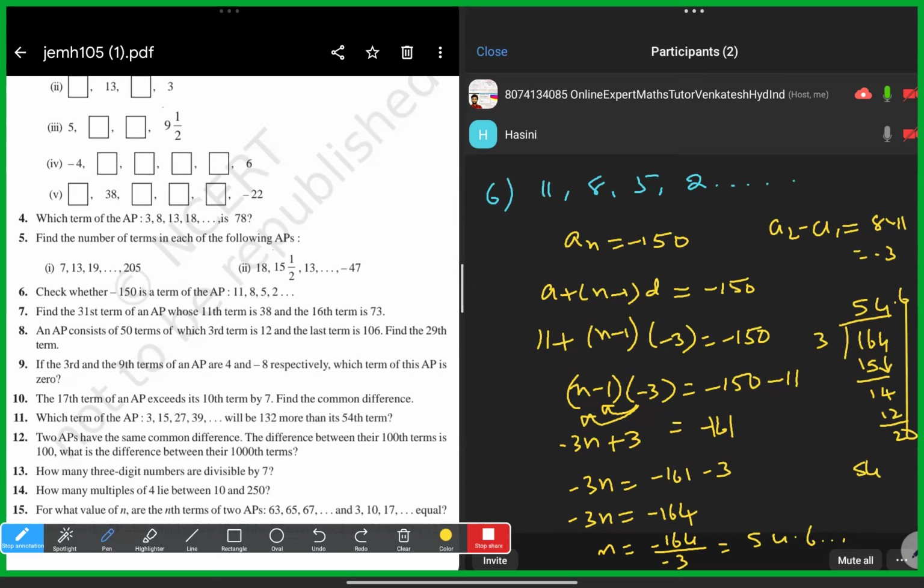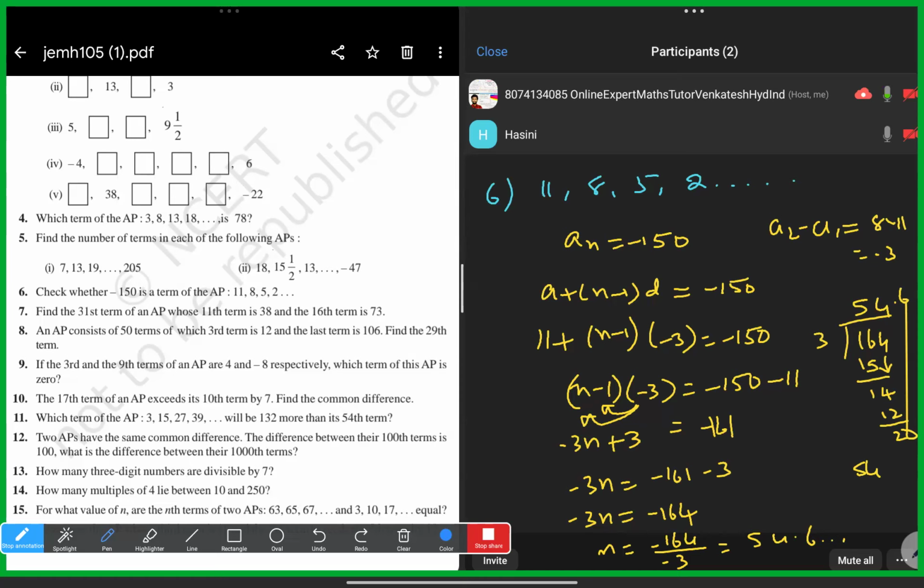But can the n value be a decimal? No, sir. Because if it is a decimal, it would mean something between the 54th term and 55th term, like the 54.6th term, which will not be there. Directly the 54th term, then the 55th term, like that only will be the numbers. So n cannot be a negative value or a decimal or a fraction.